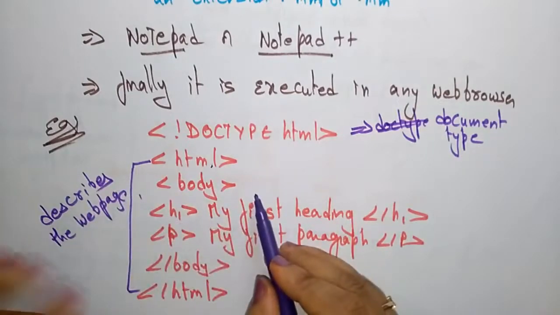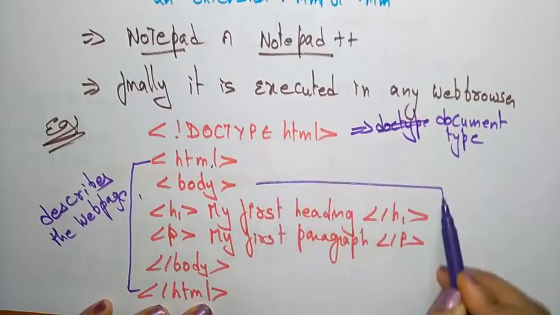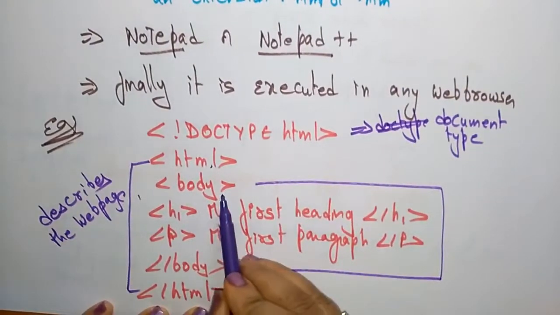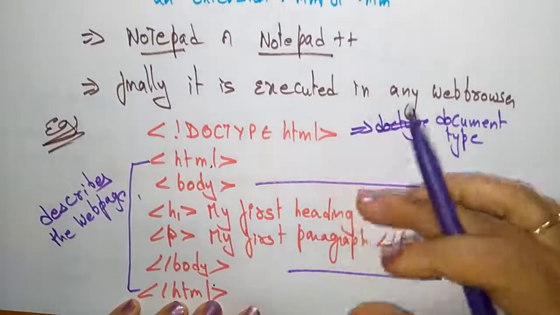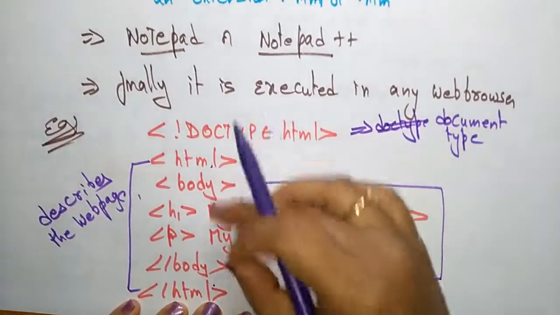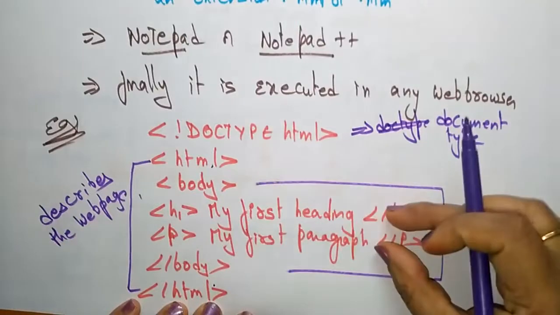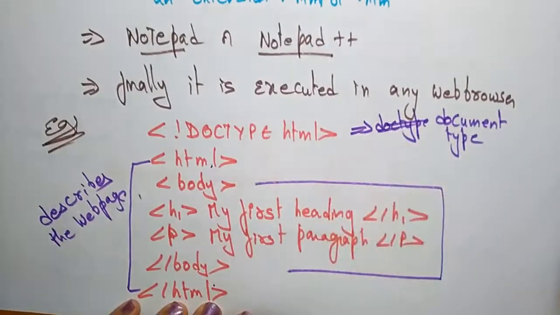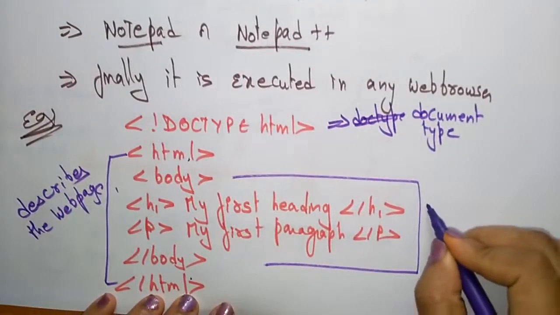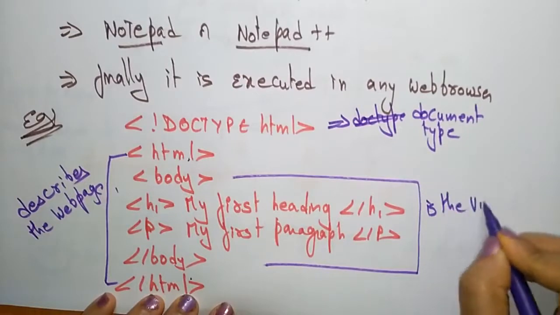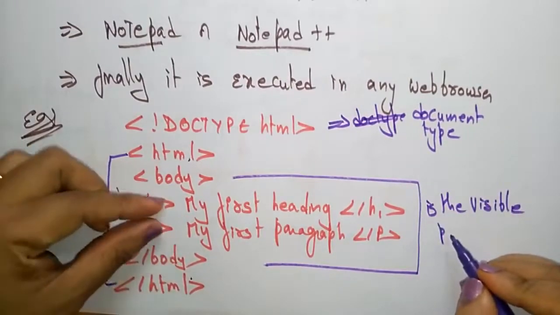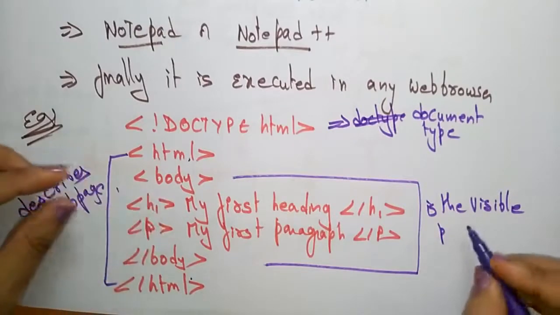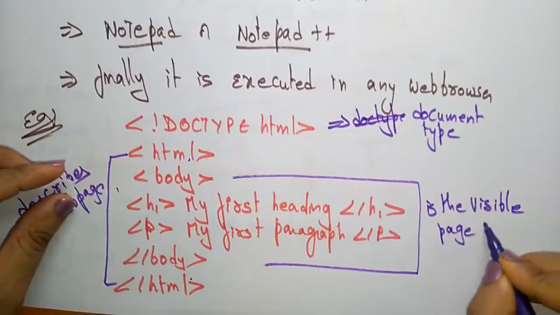Then what about the body? It consists of a starting tag and an ending tag. The text present between the body tags is the visible page content. You are able to see this information on the screen.